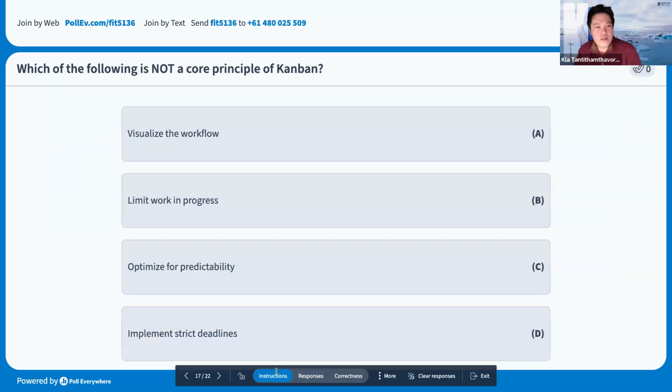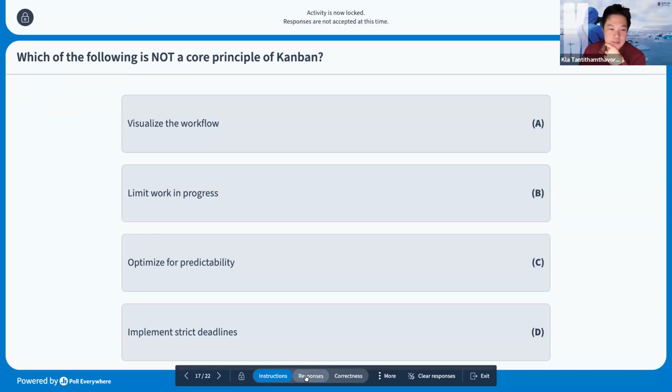All right, next, which of the following is not a core principle of Kanban? Okay, which one is not? Okay, let's see the response.